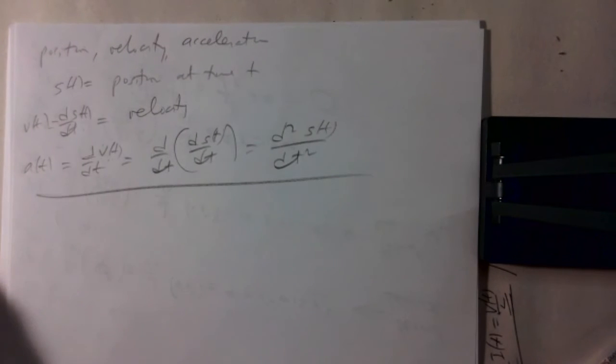So we use these definitions in calculus all the time. If you have the position of a particle at time t, the derivative of the position is the velocity, and the second derivative of position is the acceleration. So that's where we are.